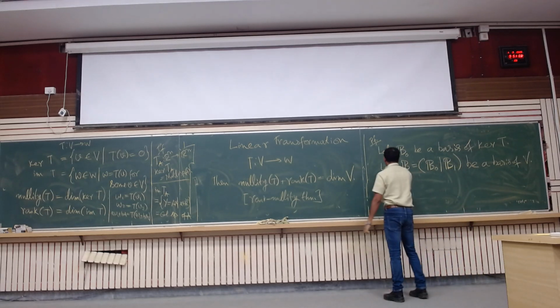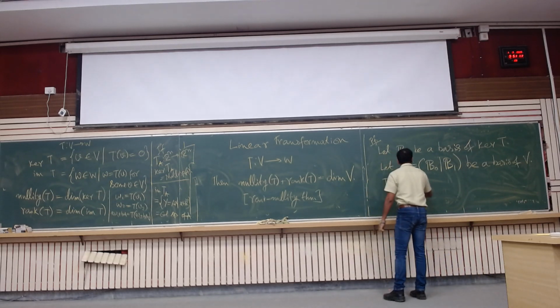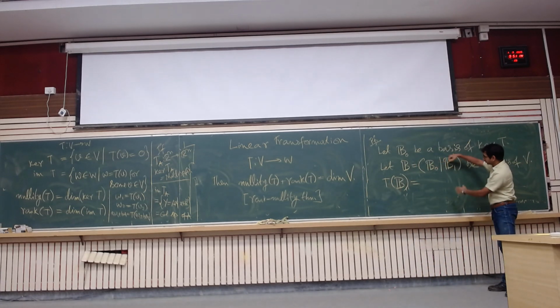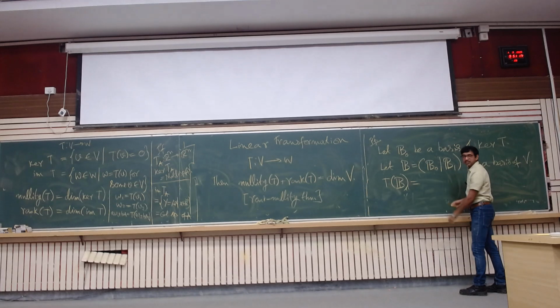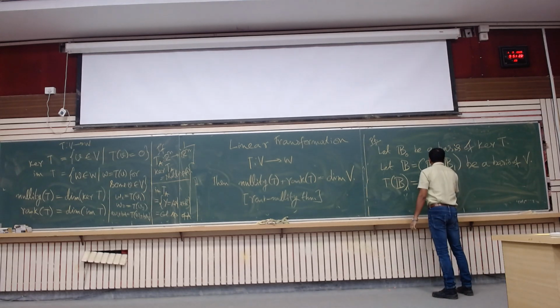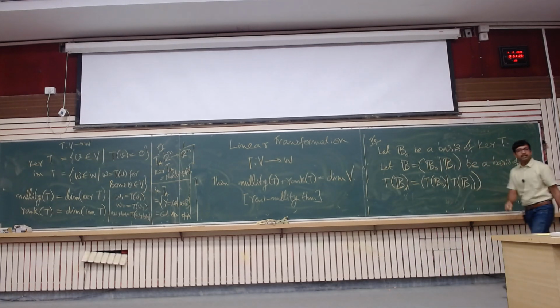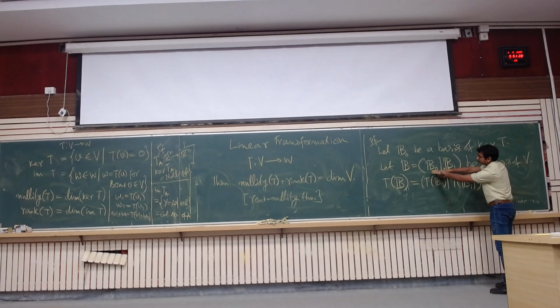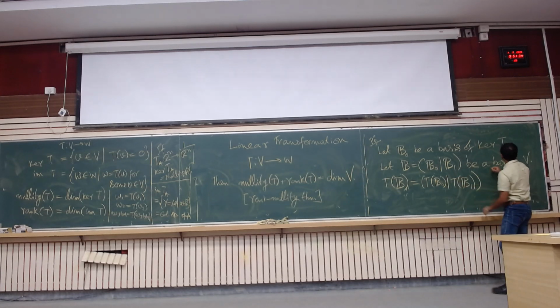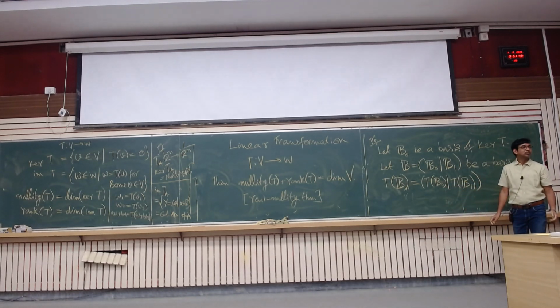Suppose you apply T on this. What will be T of B? T of B would be just, this is the set of images, right? So this will be just T of B0 and T of B1, right? B0 was the basis of the kernel, and these are the appended vectors, which make it into a basis of the entire vector space V. Now what can you tell about T of B0?